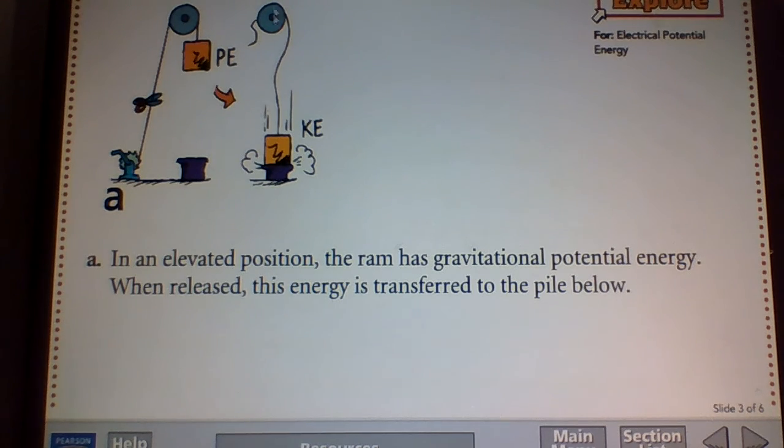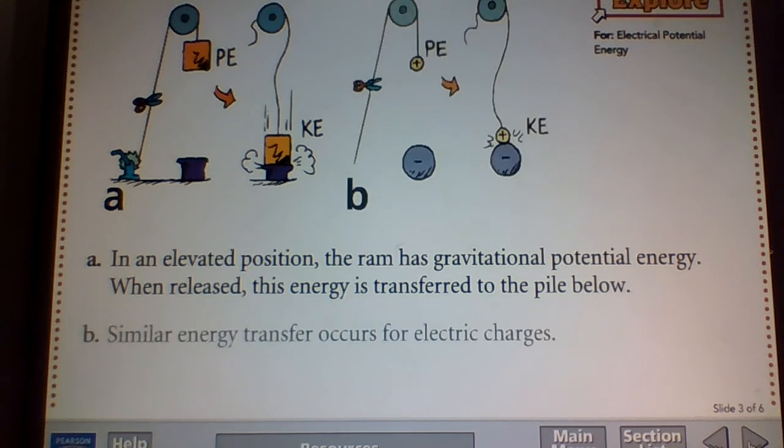As soon as I cut the line, though, it comes zipping back down, changing into kinetic energy. Well, if I were to take a positive charge and a negative charge and begin to separate them, if I were to cut the little wire that was holding the positive charge, the two would come flying together as a result of the kinetic energy that was gained by the potential energy that had been gained moving them apart.